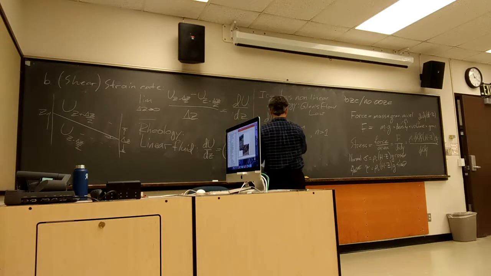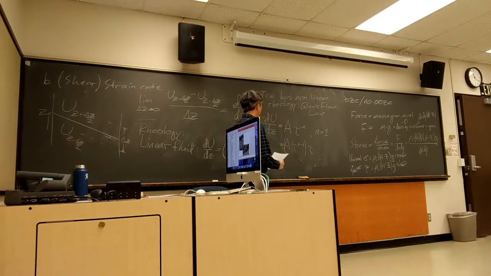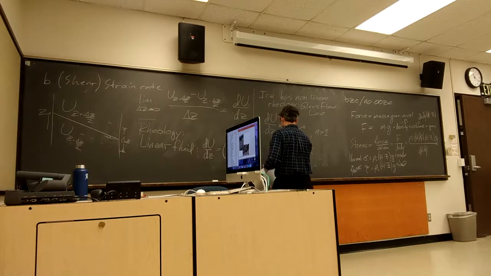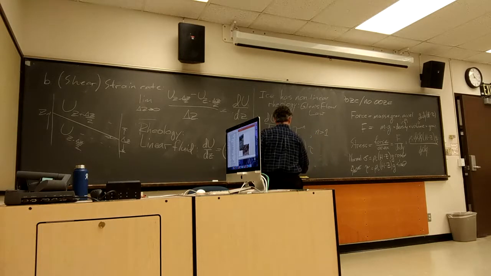Let's look again at what that means. We could rewrite this rheology relationship as A times tau to the n minus 1 times tau, which says that our effective viscosity is inversely related to this tau to a power.